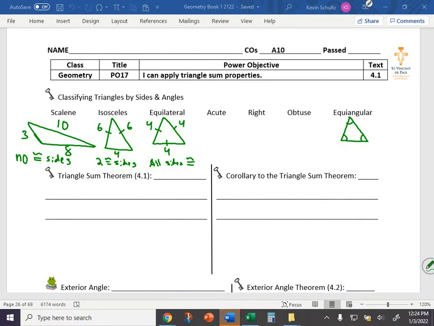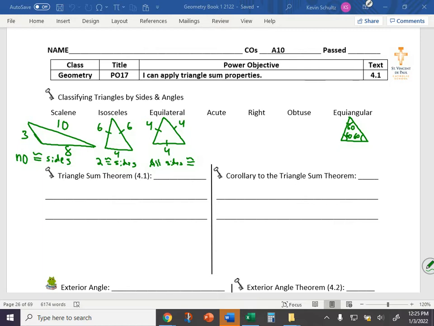Or, what would each angle measure have to be? No matter what size an equiangular triangle, each measure has to be 60 degrees. Because you may or may not remember that every triangle has exactly 180 degrees in it. And if all angles are congruent, they'll have to be 60. It's the only way for that to happen.